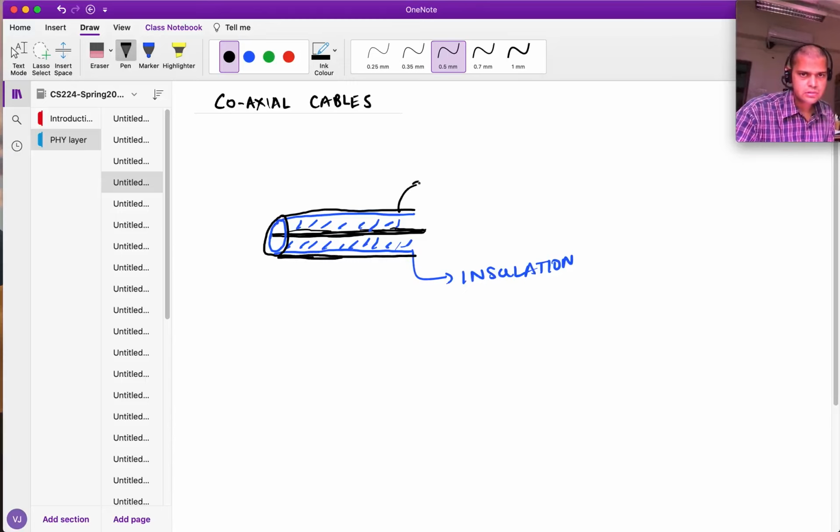So this is metal wire, and in between you have some insulation, and then you will also have some outer insulation.